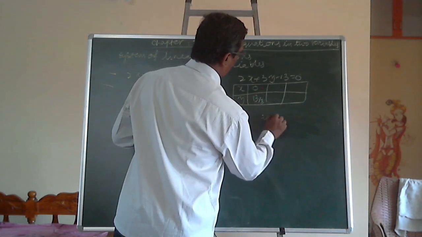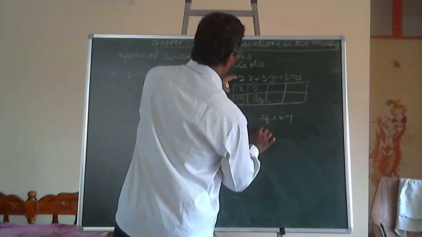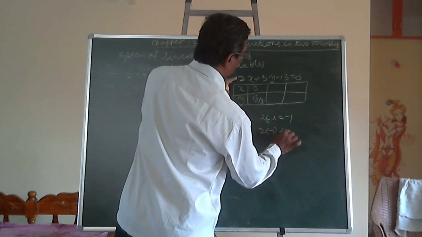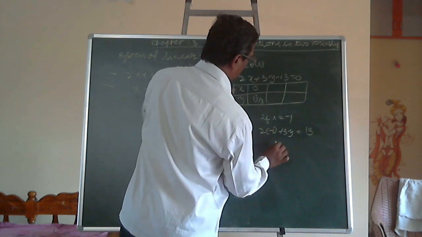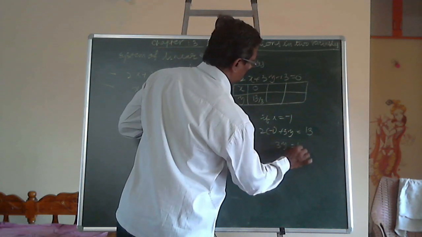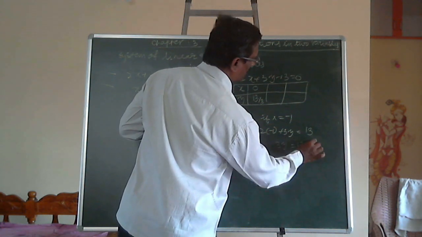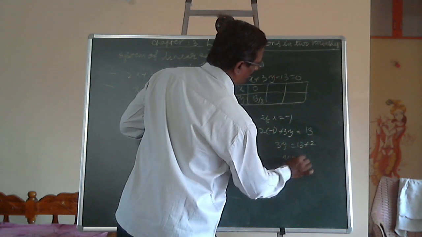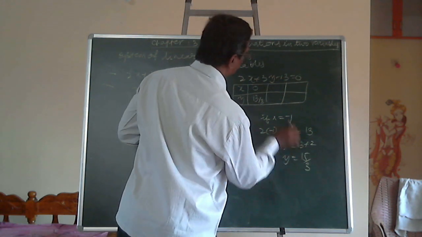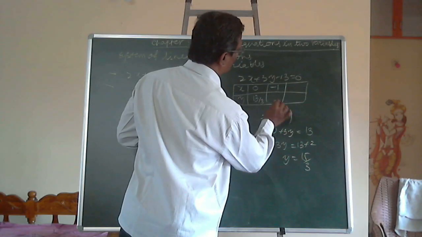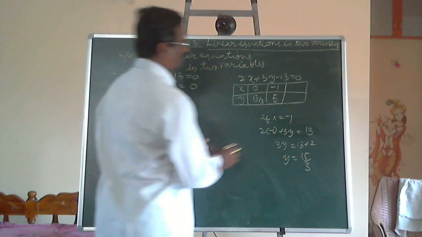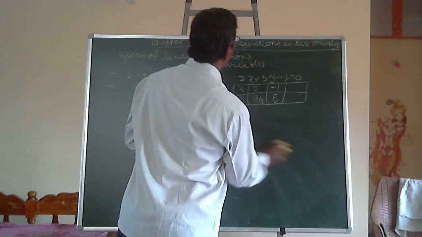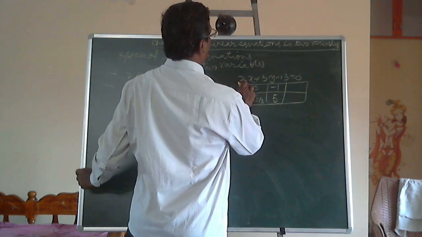If x is equal to minus 1, 2 into minus 1 plus 3y minus 13, the 13 goes and becomes plus 13. 3y is equal to 13 minus 2, the minus 2 goes and becomes plus 2. y is equal to 15 by 3. 15 by 3 is equal to 5. Like this, one solution.